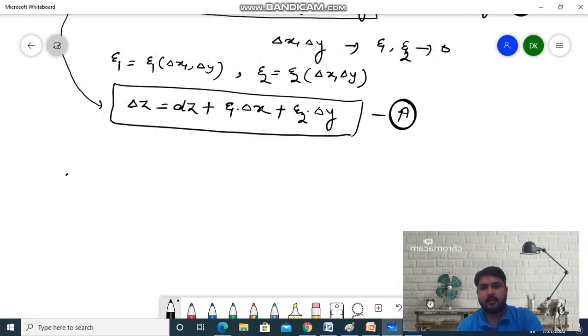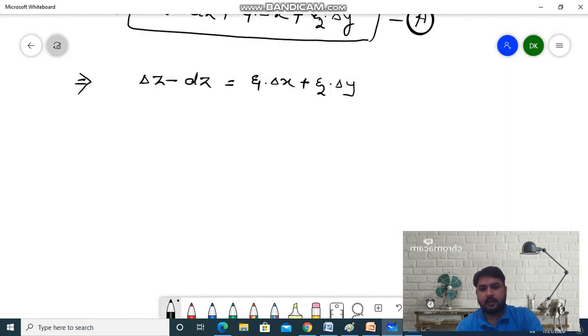Now from equation A we can take dz to the left hand side and we get del z minus dz is equal to epsilon 1 into del x plus epsilon 2 into del y.